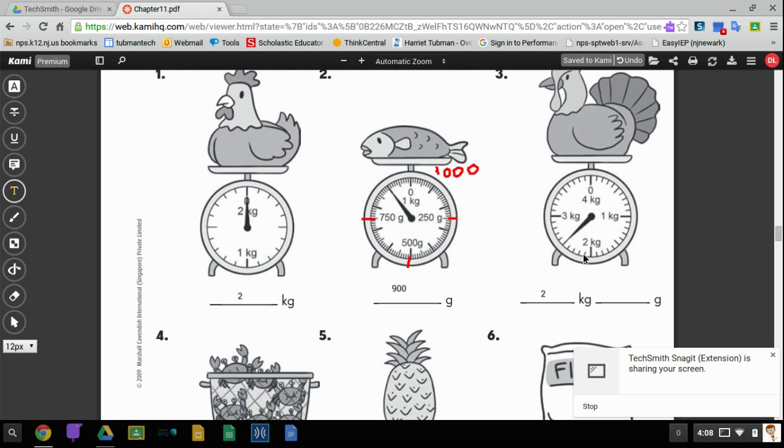If I count them, I have 1, 2, 3, 4, 5, 6, 7, 8, 9, 10. I have 10 lines that go in between. That means I'm counting by hundreds. So that's 100 grams, 200 grams, 300, 400, 500. So that means 2 kilograms, 500 grams.